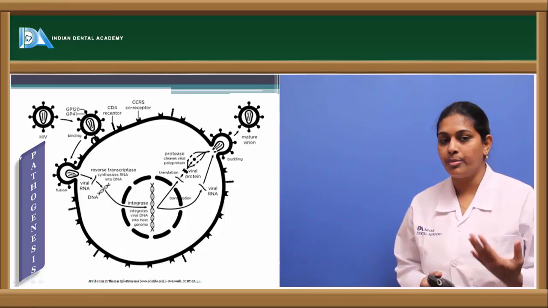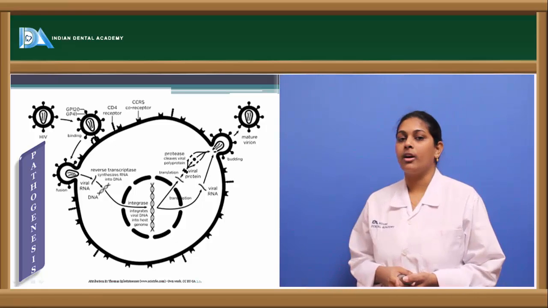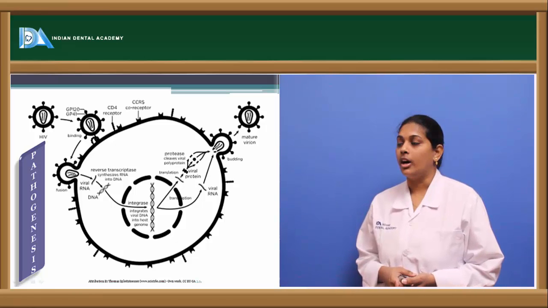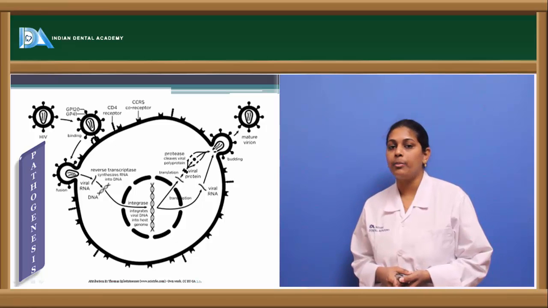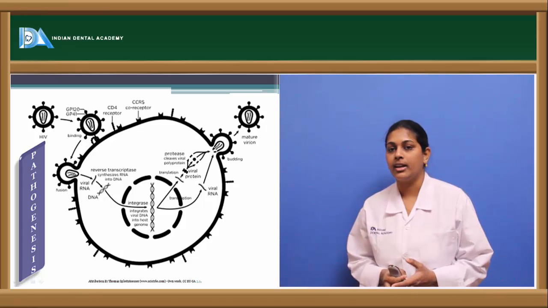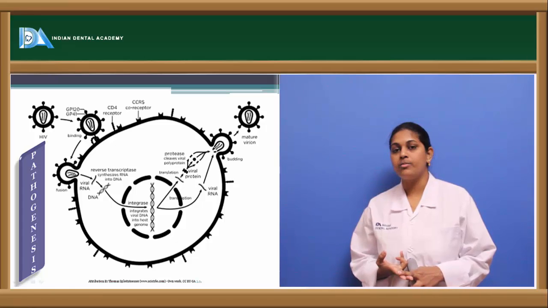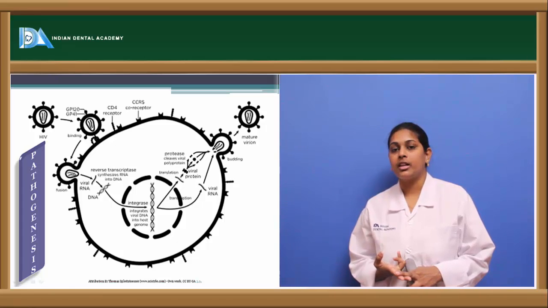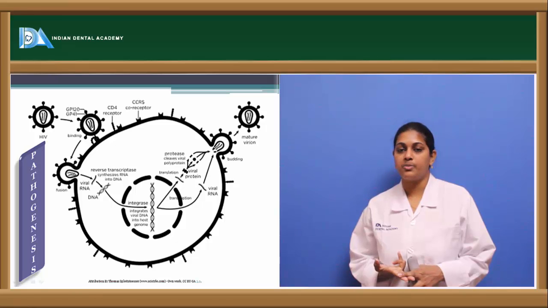Before that, with the help of the reverse transcriptase enzyme, it synthesizes a new DNA from the RNA, that is, a complementary strand. Once this DNA has been formed, it is complementary to that of the host genome.